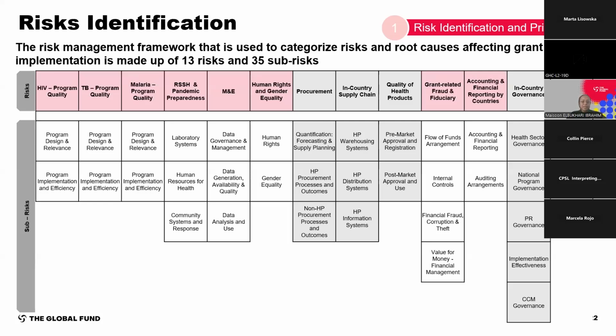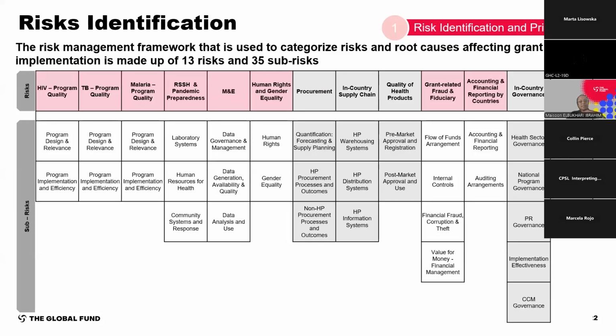So for example, if I am a fund portfolio manager and I have, let's say, 2 malaria grants, one managed by the Ministry of Health and the other one is managed by an NGO, I'll be able to see the risk rating for each of those grants, as well as the overall risk rating for my entire portfolio.